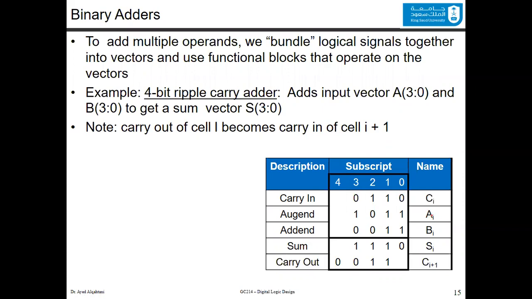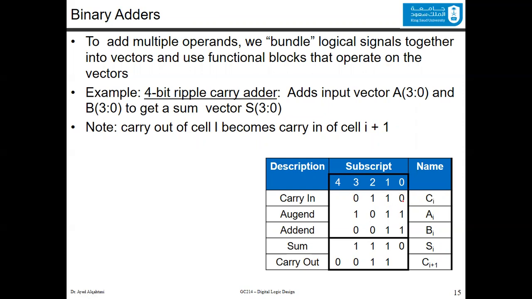So the A is 1101, the B is 1100, and the carry in inputs, which is CI, is 0110. Notice that in the first stage, since you just started, the carry input is 0.